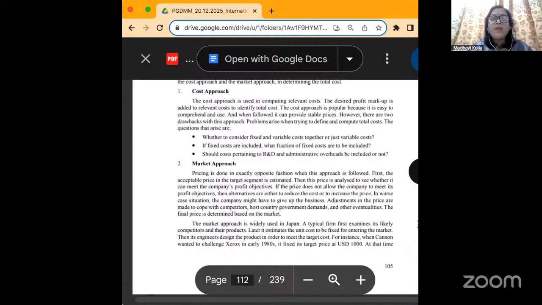So it is a very, very simple process in a way. We are saying what is our total cost in producing X amount of goods, and what is the markup that we can apply on the cost of each of these products or goods. The cost plus the markup determines the cost approach.